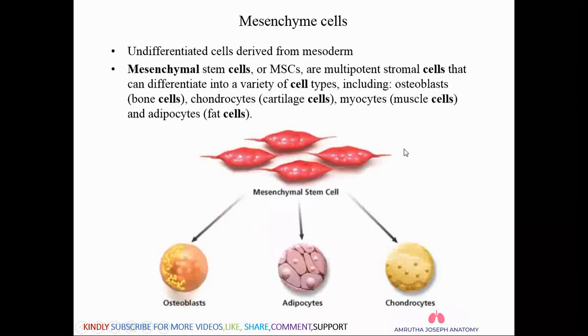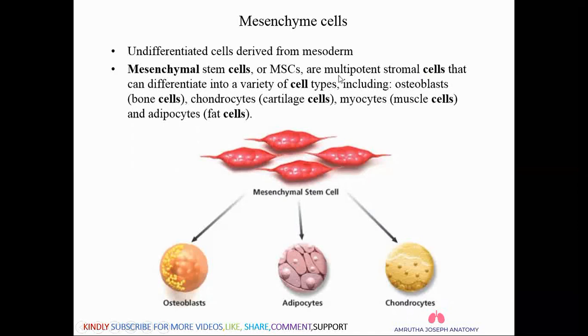Coming to the mother cell or the stem cell, mesenchymal cells or mesenchyme cells are undifferentiated cells derived from mesoderm. So in the embryonic life, we have got three germ layers: endoderm, mesoderm, and ectoderm. Now, mesenchymal cells are derived from mesoderm. They are also called MSCs, multipotent stromal cells.